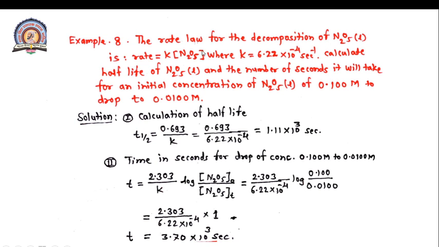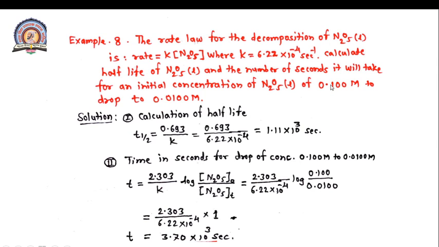Then the next problem: the rate law for the decomposition of nitrogen pentoxide is rate is equal to K into the concentration of nitrogen pentoxide, where K1 is equal to 6.22 into 10 raised to minus 4 per second. Calculate the half-life of nitrogen pentoxide and the number of seconds it will take for an initial concentration of 0.100 mole to drop to 0.0100 mole.